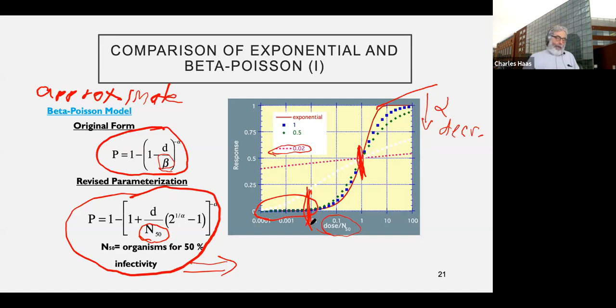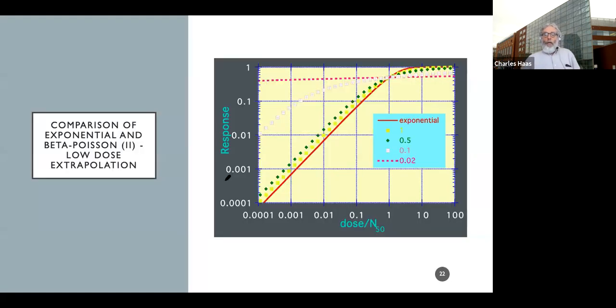But on the next graph, which is the same as this, except I'm going to have the response on a logarithmic axis rather than an arithmetic axis, you see that basically all the curves wind up going down in a linear fashion at low dose.